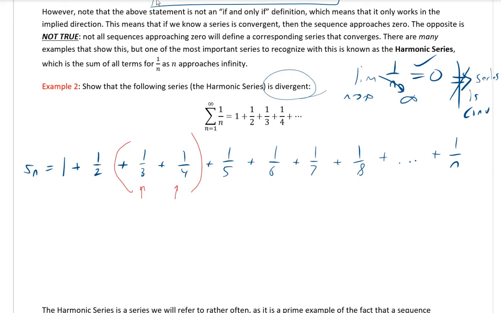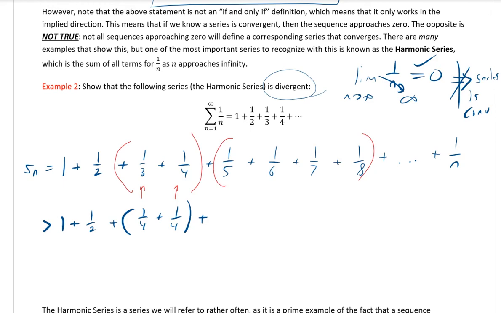So I know that this is going to be larger than if I were to replace 1/3 with 1/4 instead. 1/3 is bigger than 1/4, so if I replace it with 1/4, I would get a smaller answer. There's a reason I did this, and I'll do this again for the next group.